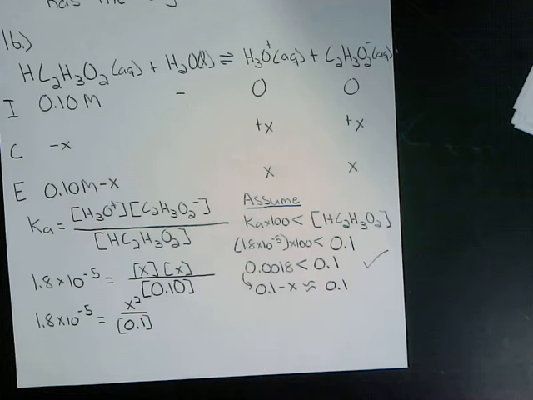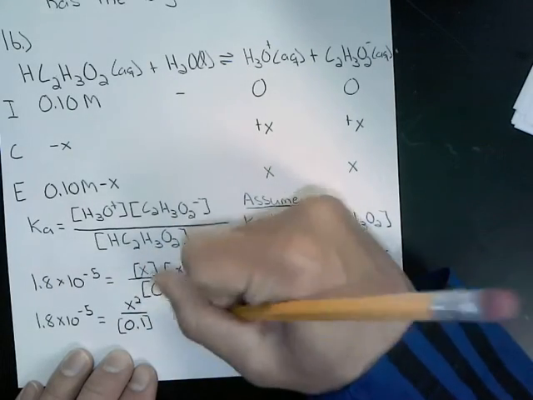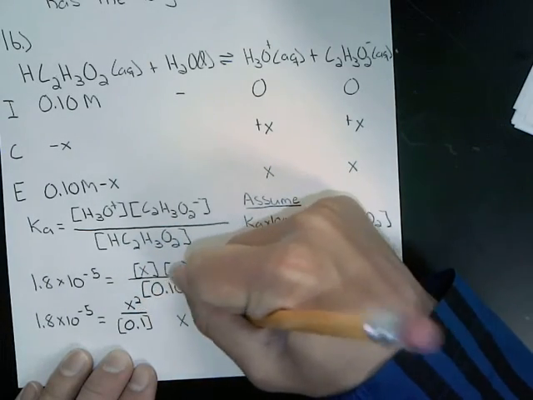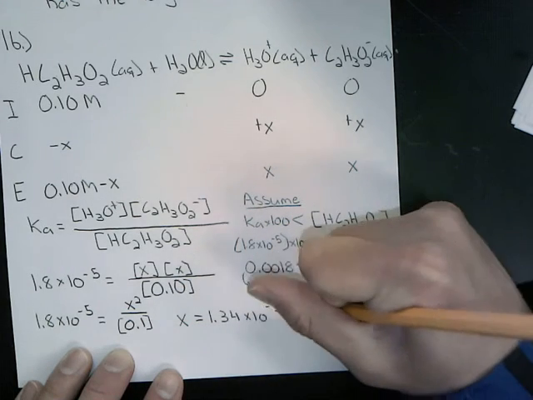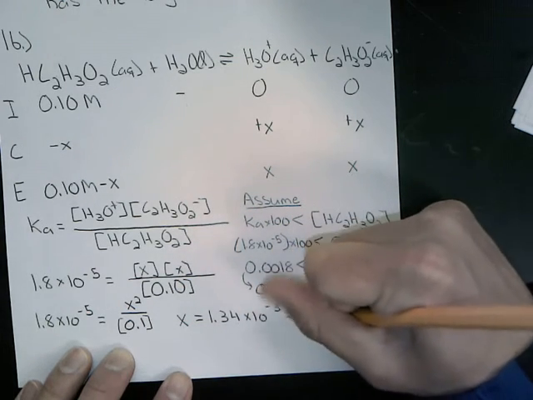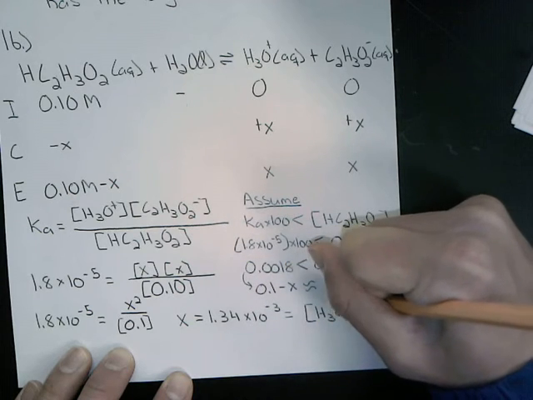So let me throw that in our calculator, and I'll take the square root of my answer, and our X, just for this value, is 1.34 times 10 to the negative third. Now this is equal to our concentration of H3O plus.